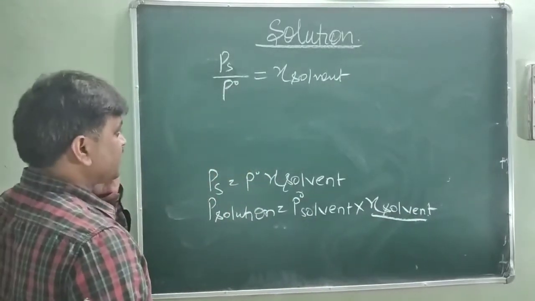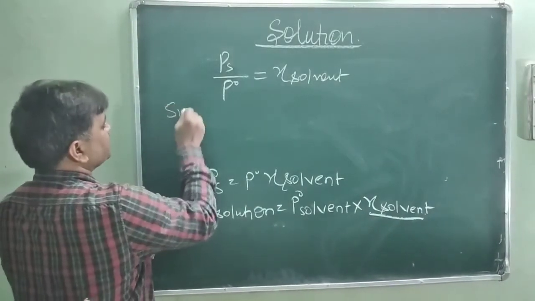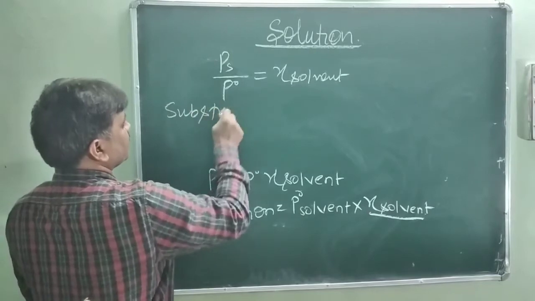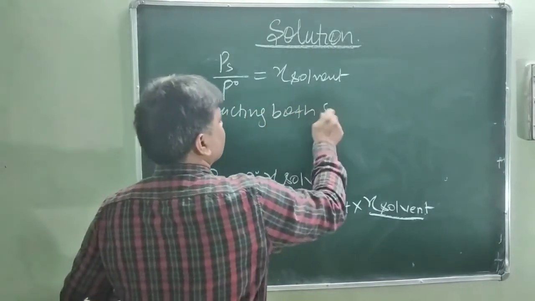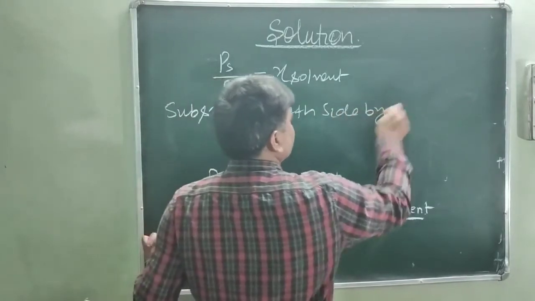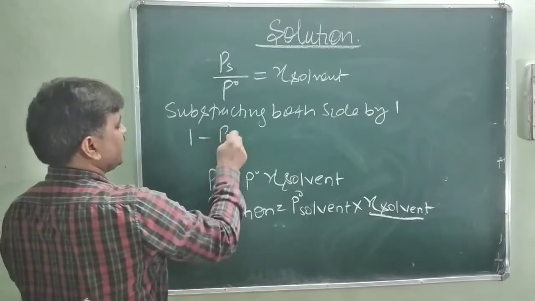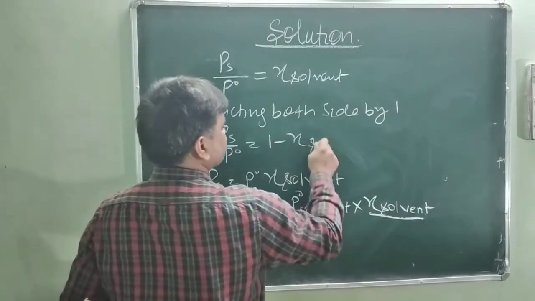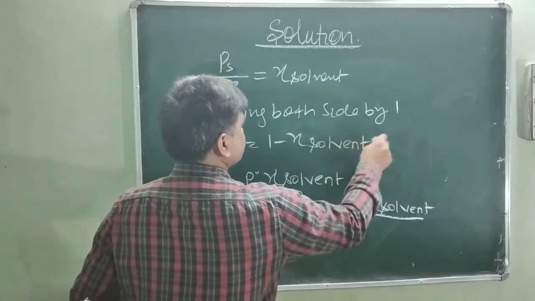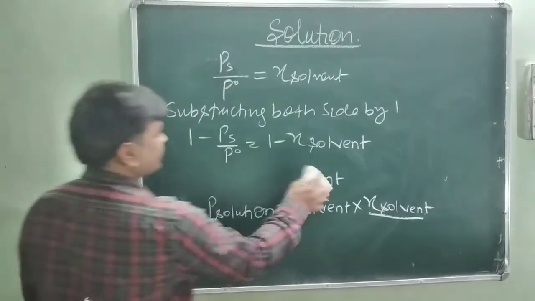Subtracting both sides from unity, 1, it becomes 1 minus PS upon P naught is equal to 1 minus X solvent.